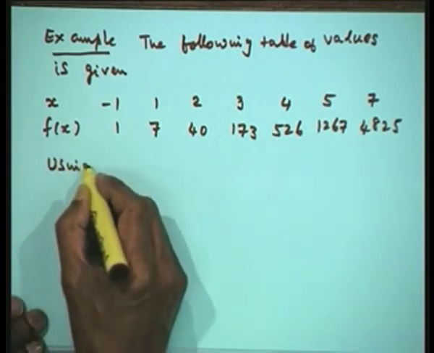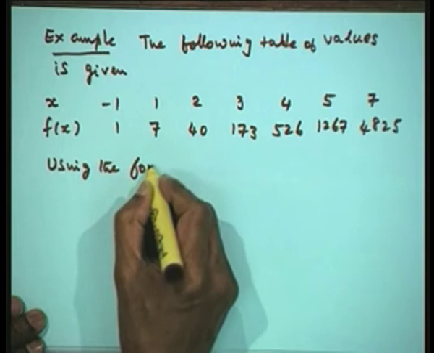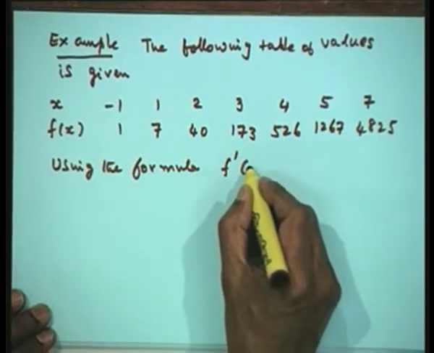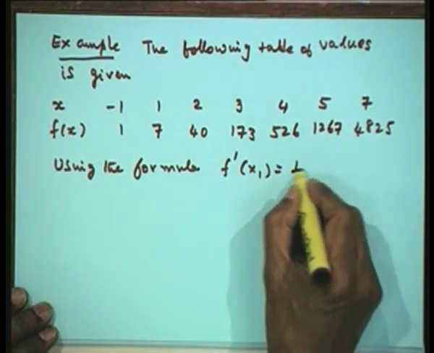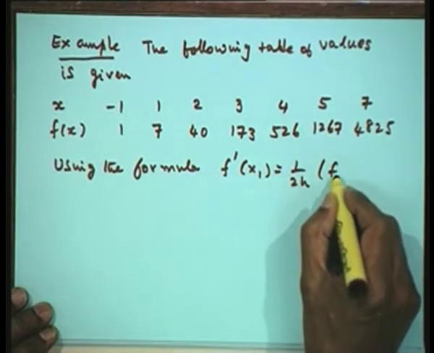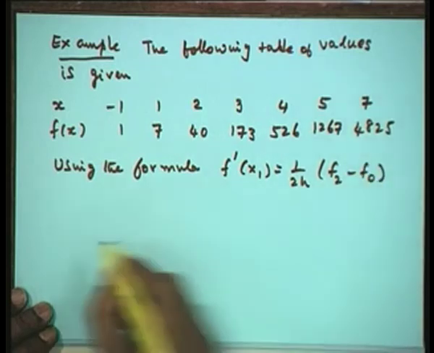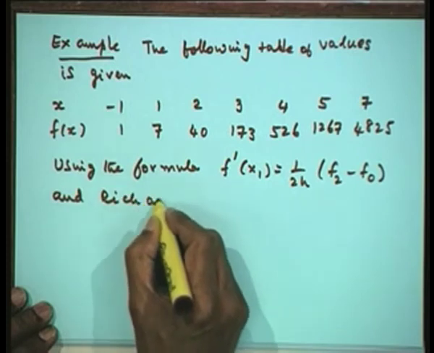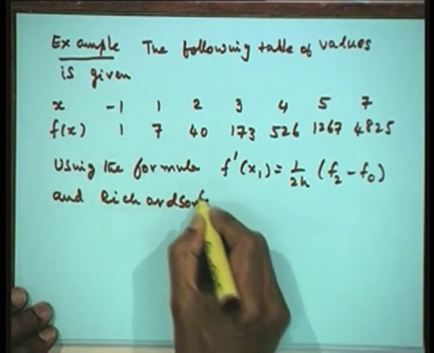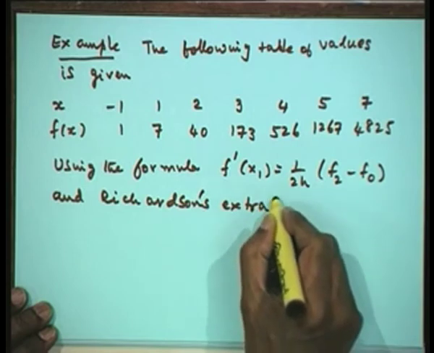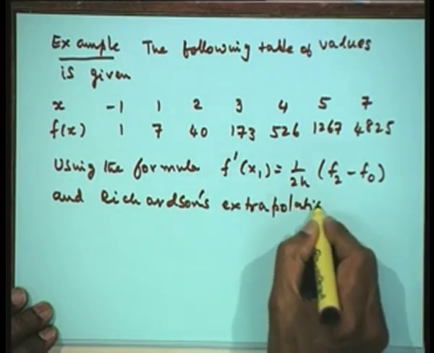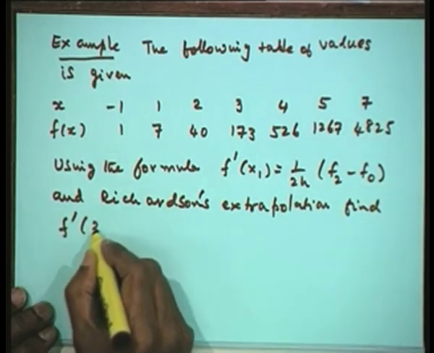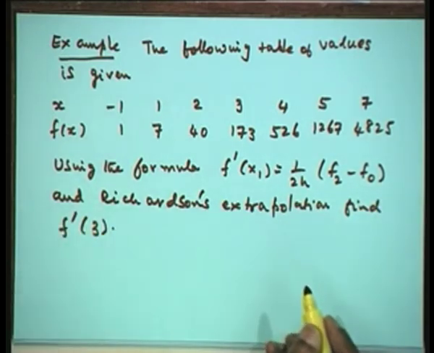Using the formula f dash of x1 is 1 upon 2h (f2 minus f0) and Richardson extrapolation, find f dash of 3.